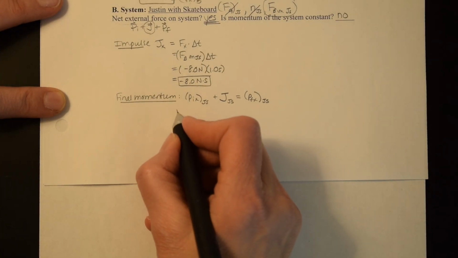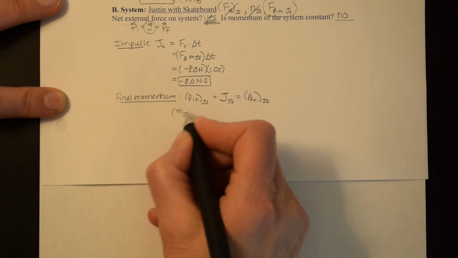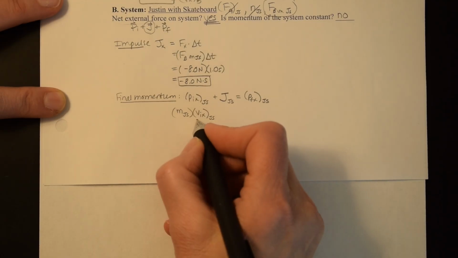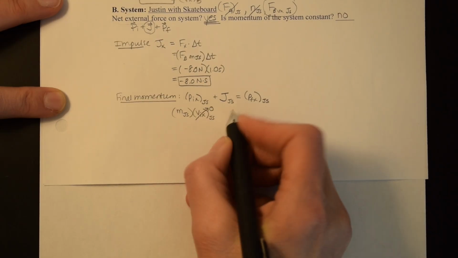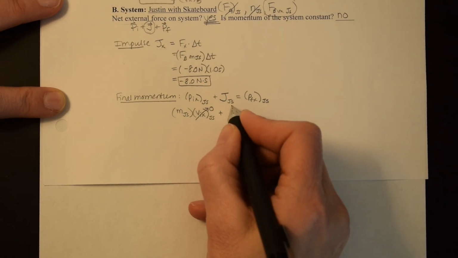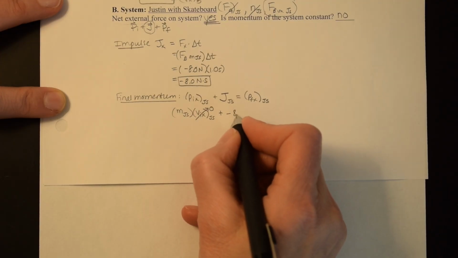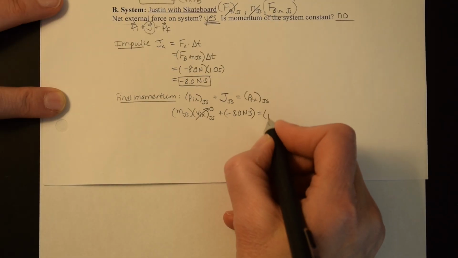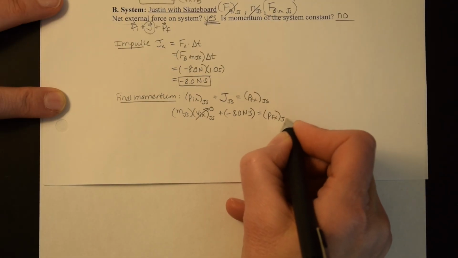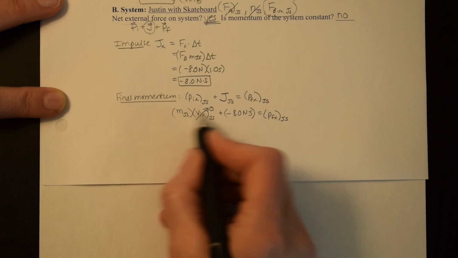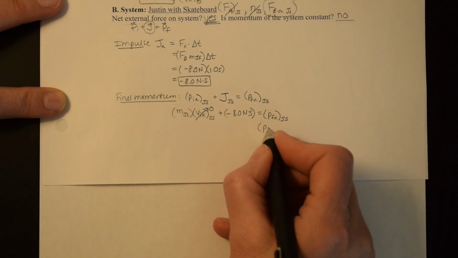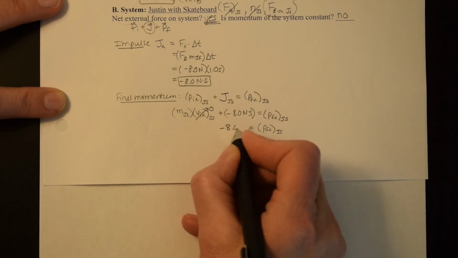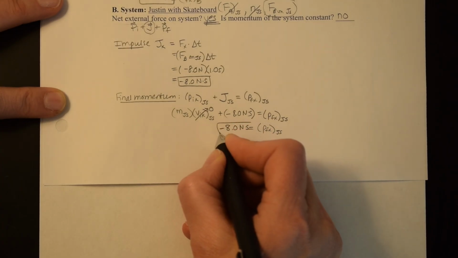Now the initial momentum is going to be the mass of Justin and the skateboard times the initial velocity, which is at rest, so this is 0. The impulse we just found, -8 Newton seconds, and now we can find the final momentum. This whole term is 0, so the final momentum of Justin and the skateboard is -8 Newton seconds.